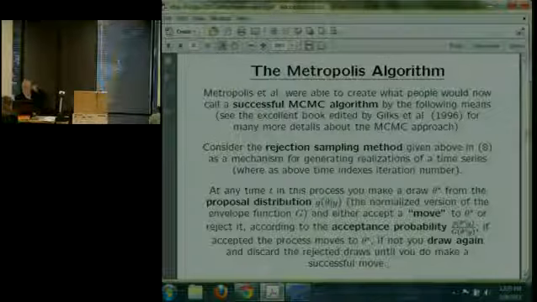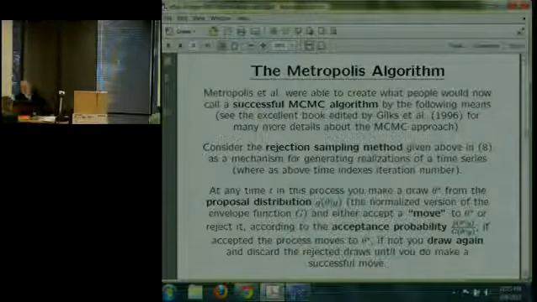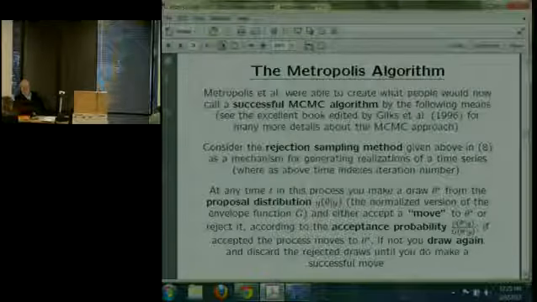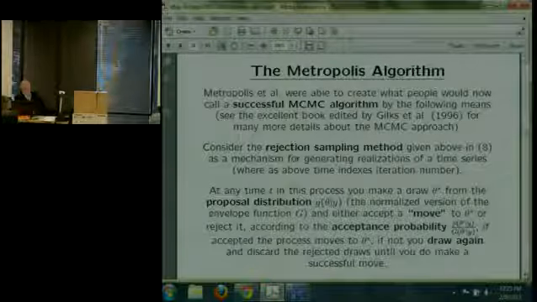And for von Neumann, if you accept the move, the process then moves to theta star. If not, you draw again and discard all of the rejected draws until you do make a successful move. So that's words that describe von Neumann's story.